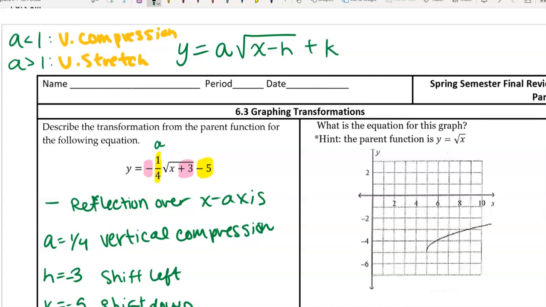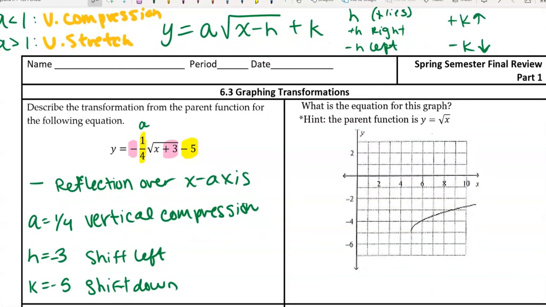Next for H, we remember that X lies, and so if it's positive H, we move right, and if it's a negative H, we're moving left. Last we have K, and K, if it's positive, it goes up, and if it's negative, we go down.